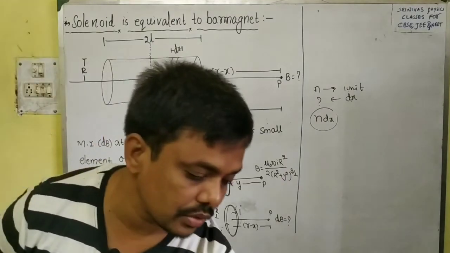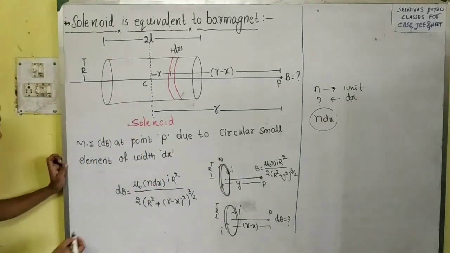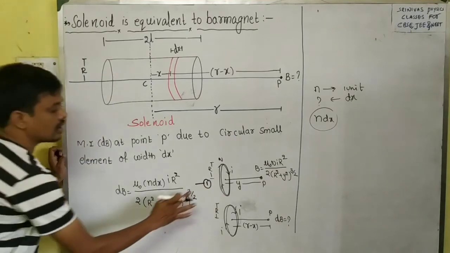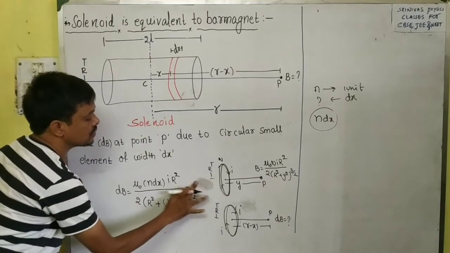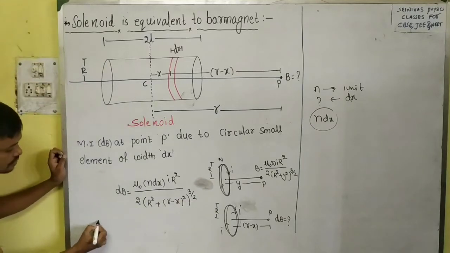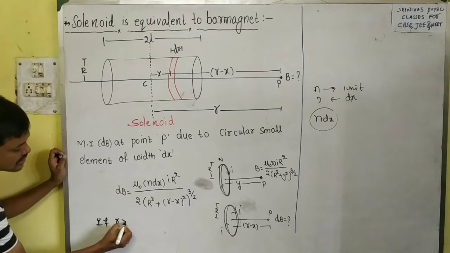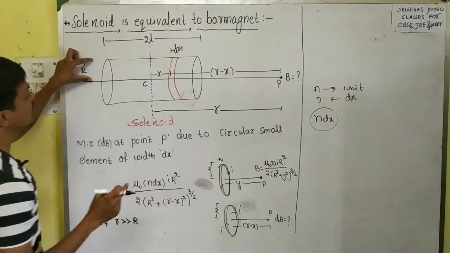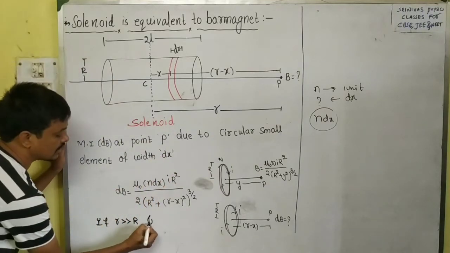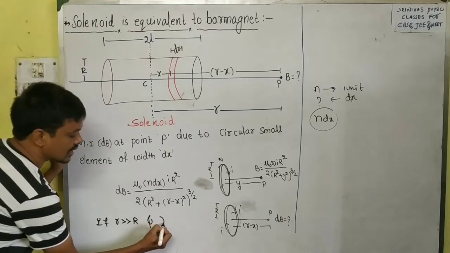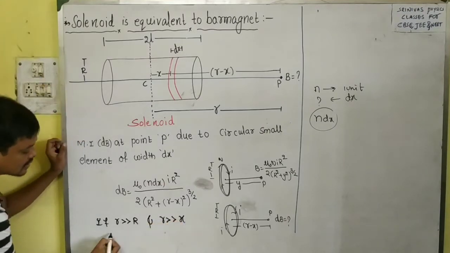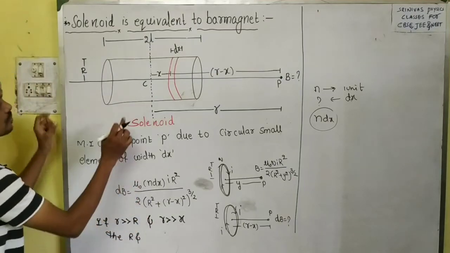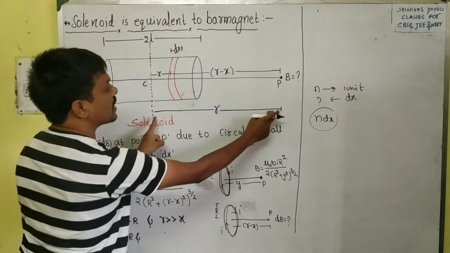Let us see how to continue. This is considered as equation 1, or no need to consider any equation also, no problem. I am taking that if small r is greater than capital R, this distance is very much greater than capital R, and also small r is greater than x, then capital R and x are very small compared with small r.